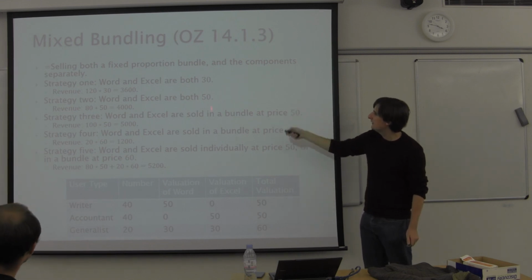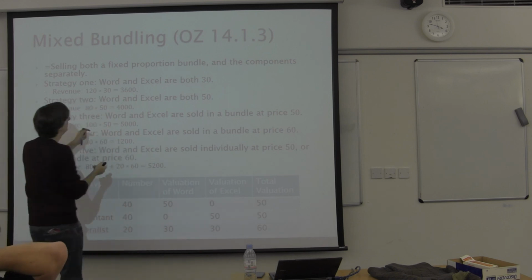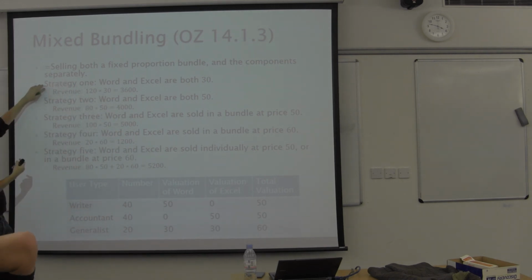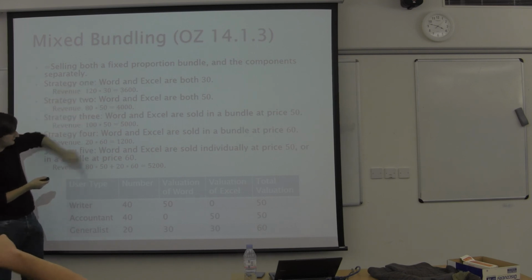And you can go through the different strategies for the firm. So they can sell both Word and Excel separately and not the bundle. If they do that, we choose different prices as well. So we can sell them both at 30.